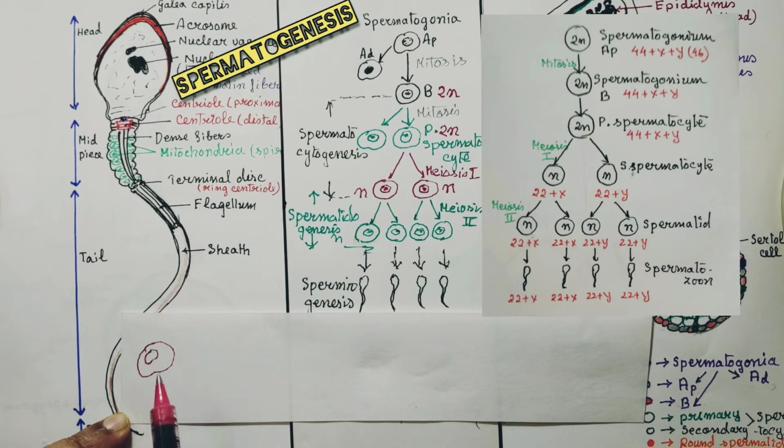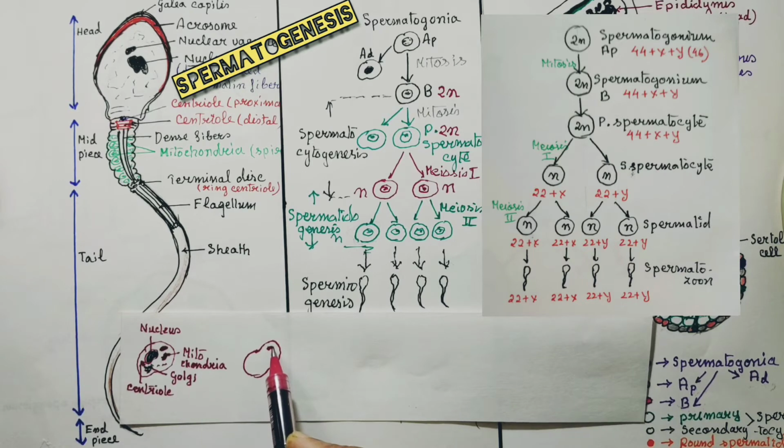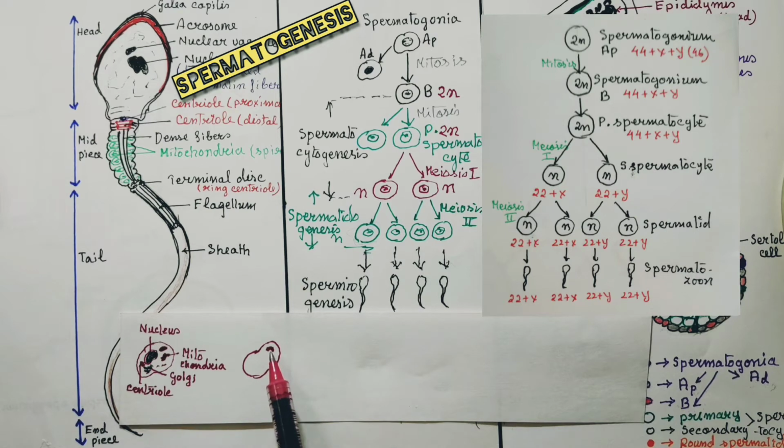It has a nucleus, Golgi apparatus, mitochondria and other organelles. It also has a centriole part. The Golgi part will come over the nucleus and make a thin cover and form the acrosome. All these we will discuss in detail.